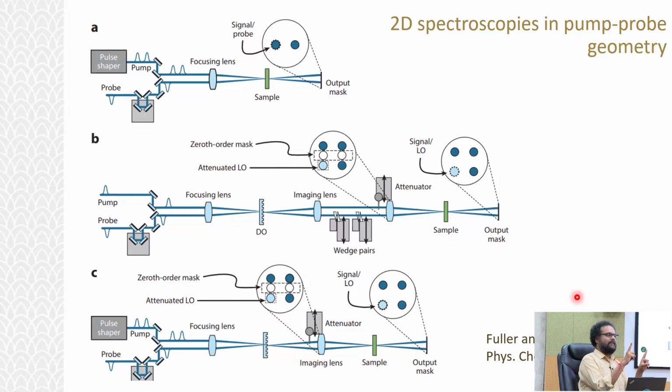What they do is they split the pump into two pulses, and we have just seen how a simple pulse shaper will enable you to do that, and then do the pump probe and do a scan between these two using the pulse shaper, and with that you may be able to access 2D spectroscopy.